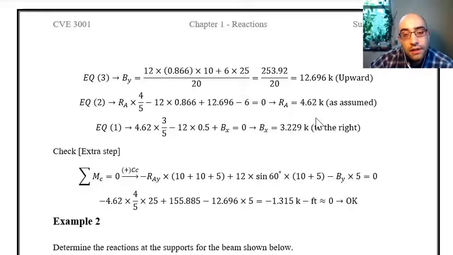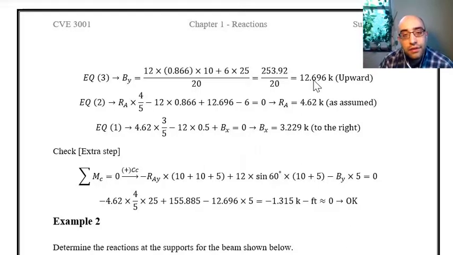RA, we found it as 4.62. By, we found it as 12.696. I just put the values, and then you can see the final result is a very small value, 1.315. That is because of the rounding errors that we have in the solution. Each of these values is just rounded.